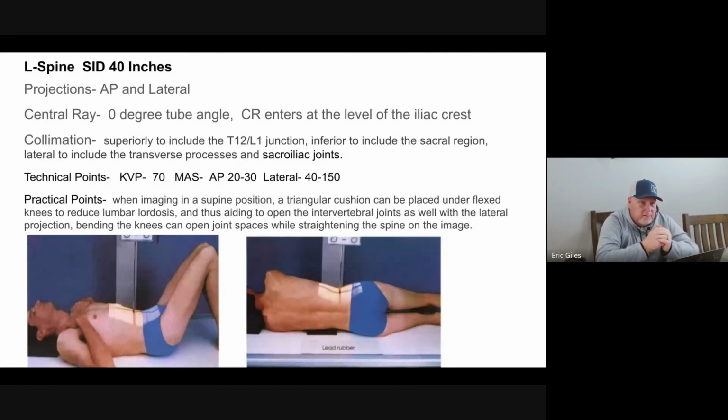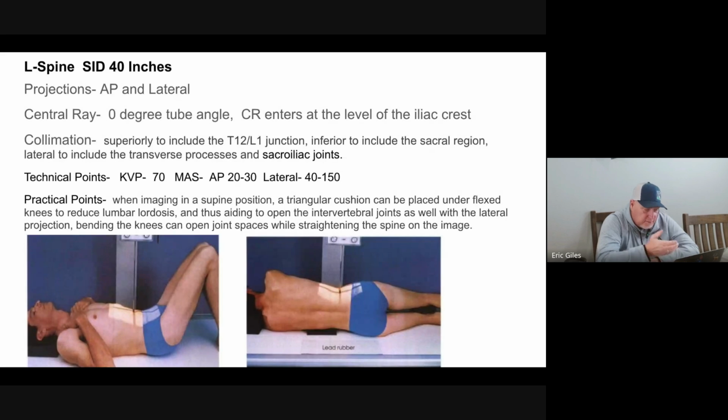When you shoot a lateral, there's more tissue to get through, so we're going to have to push our mAs up in order to get the amount of X-ray photons that we need to expose that. If you ever have any questions shooting the T-spine or an L-spine and not quite sure where to shoot your lateral at, please give me a call. We'll get you headed in the right direction.